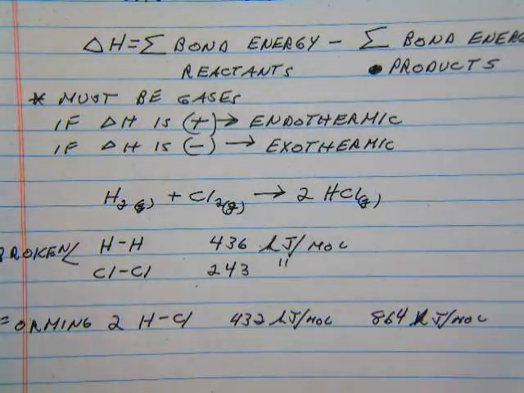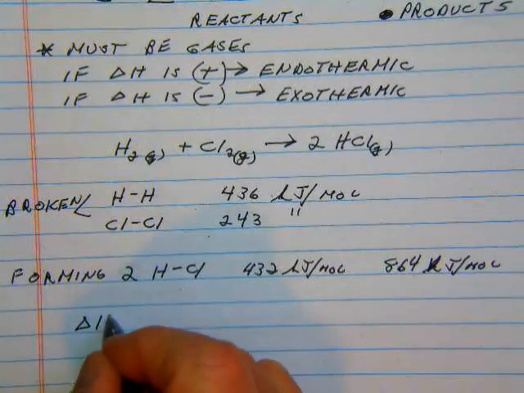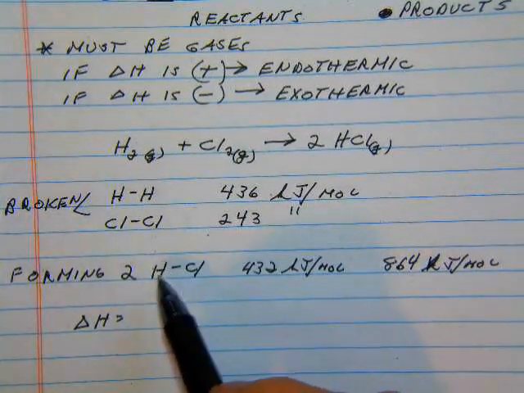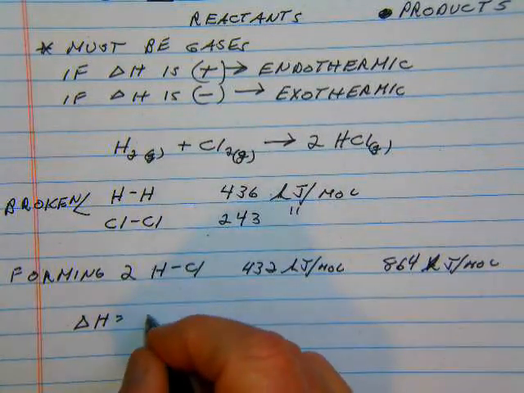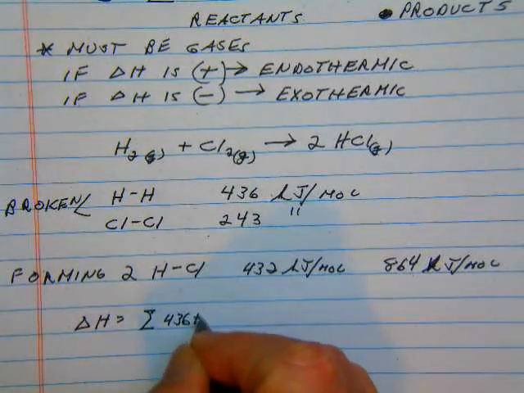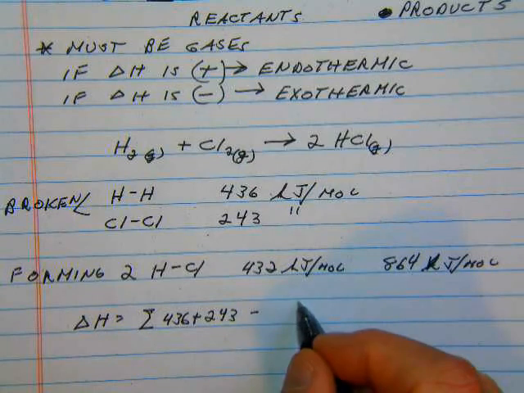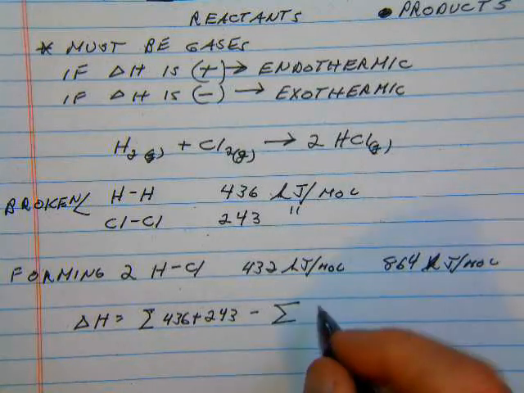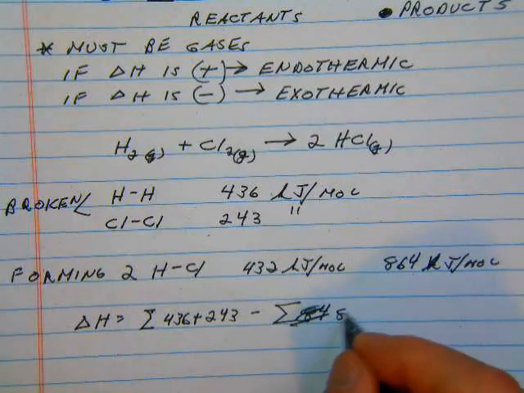So our delta H is the summation of the bond energies of the reactants, 436 plus 243, minus our summation for the products, which is 864.